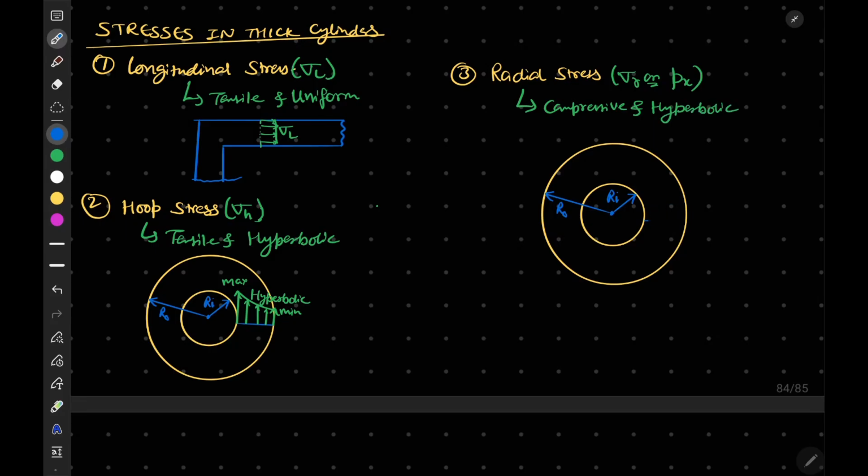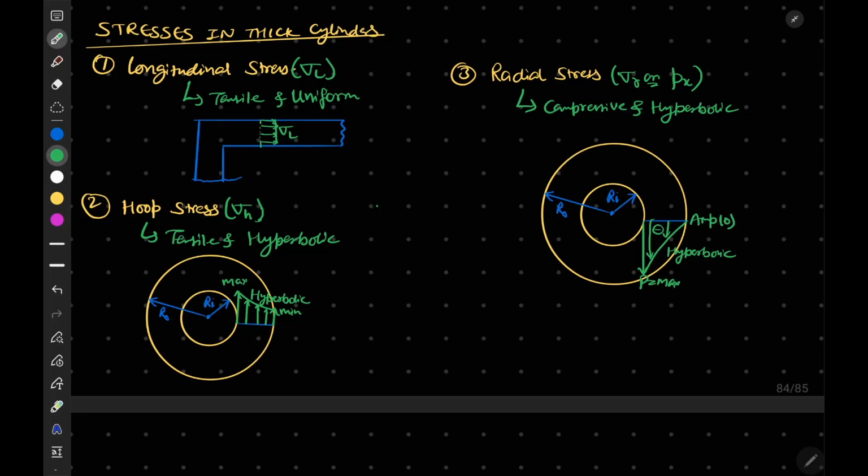Its value is maximum at the inner radius and 0 at the outer radius, a negative value varying like this. This is atmospheric pressure, or 0. This pressure is P, the internal pressure, and this value is also maximum. Of course, the curve is hyperbolic. So these are the three types of stresses.